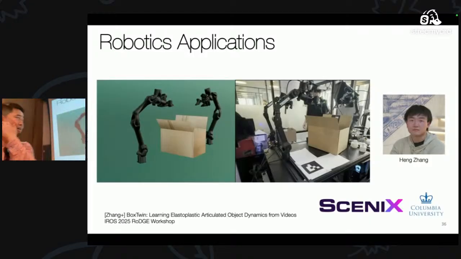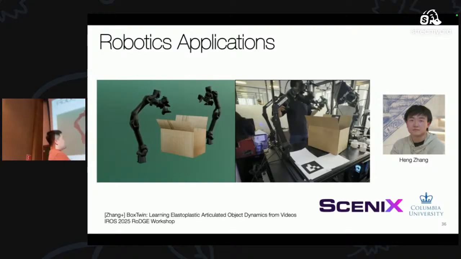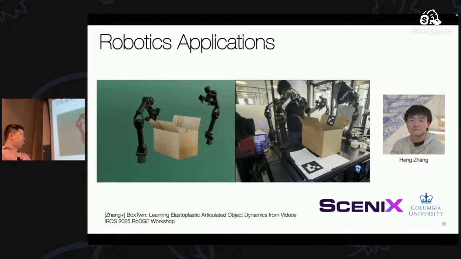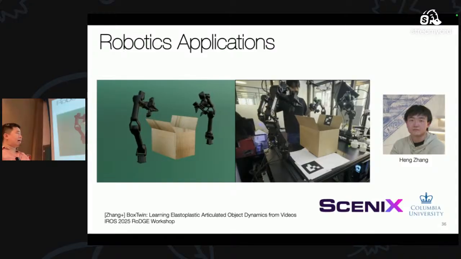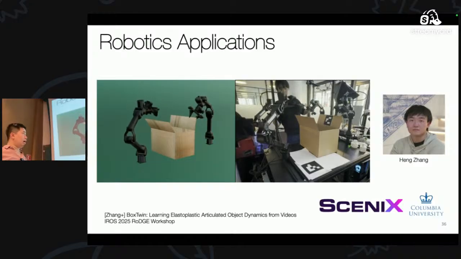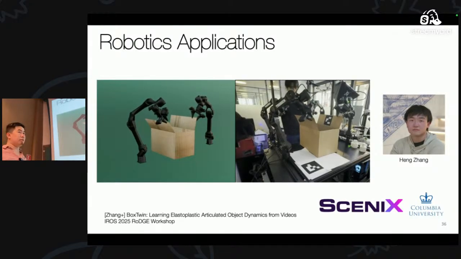Here's another example where we're trying to inversely identify the properties of this box. This is after identifying the correct parameters. You can see that the robot motion is exactly following this robot motion, but this box here is simulated. It's not a reconstruction, it's actually a simulation.